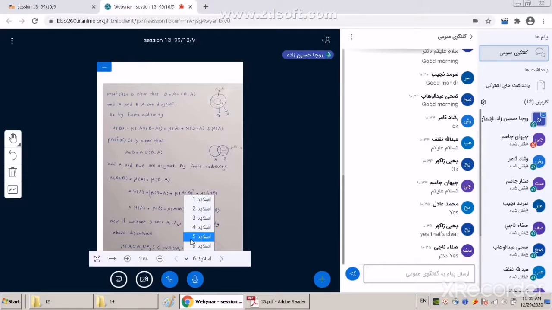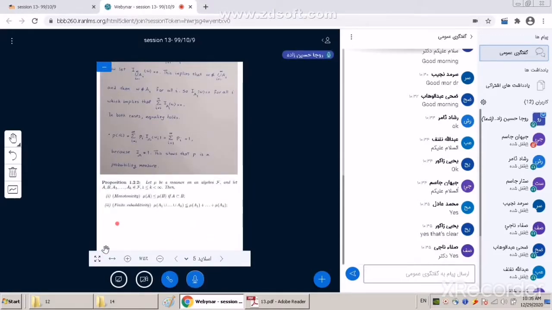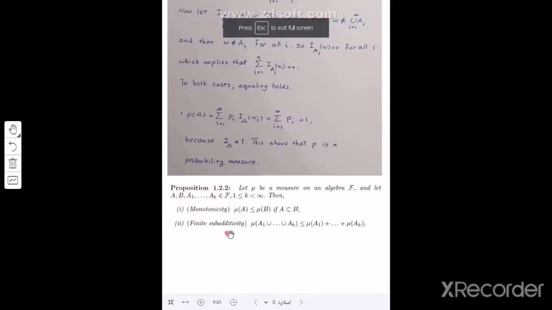Please see part B on the previous slide. Finite subadditivity, not additivity, subadditivity. Finite subadditivity says mu of A1 union to Ak is less than or equal to mu of A1 plus to mu of Ak.